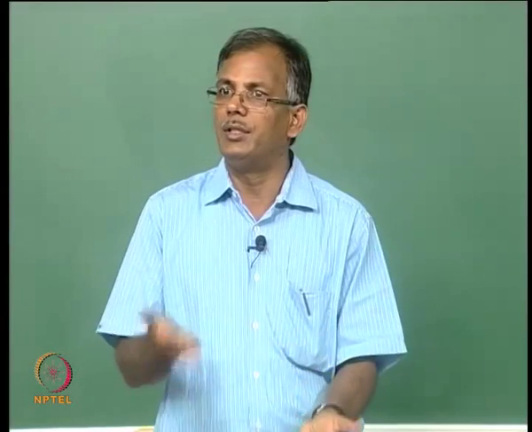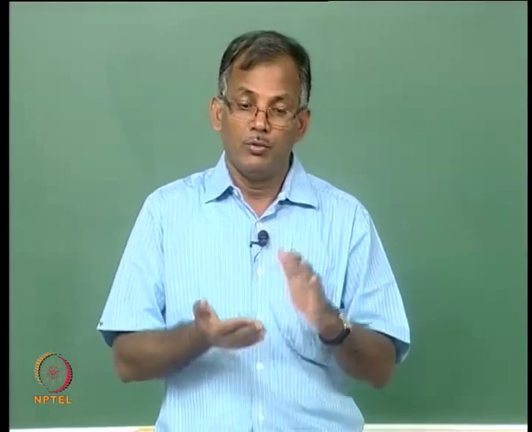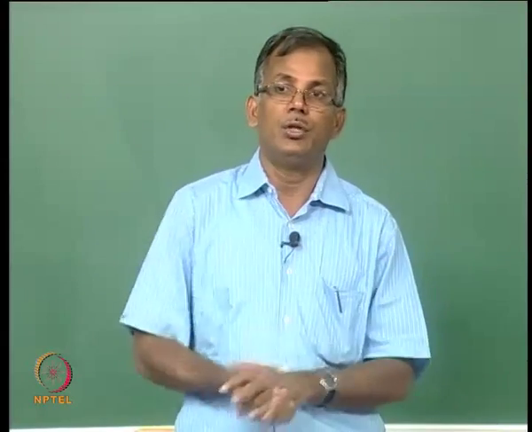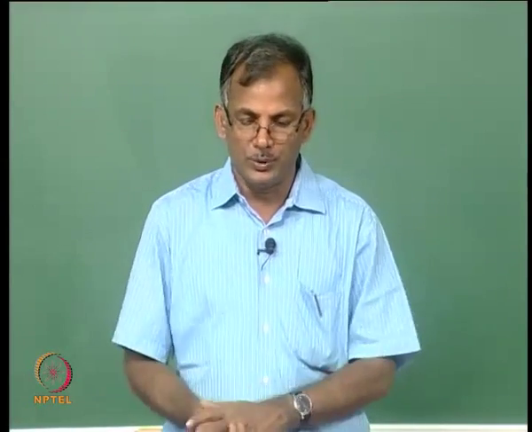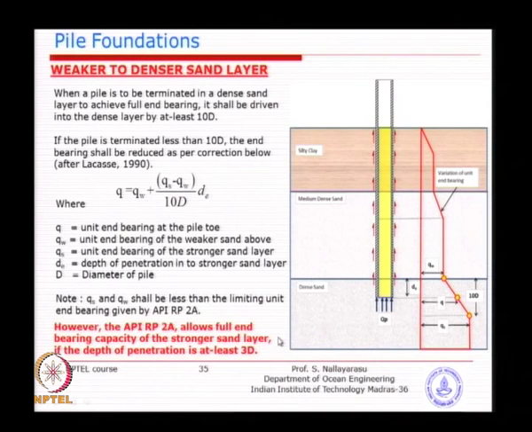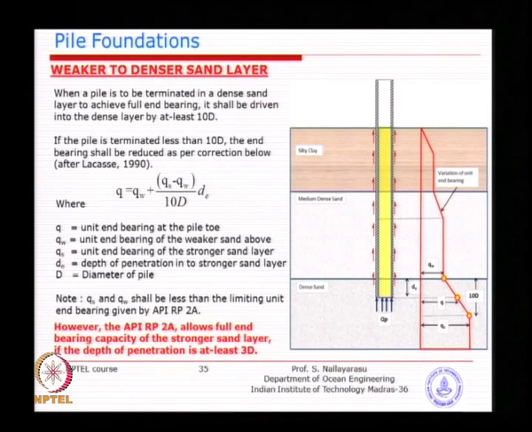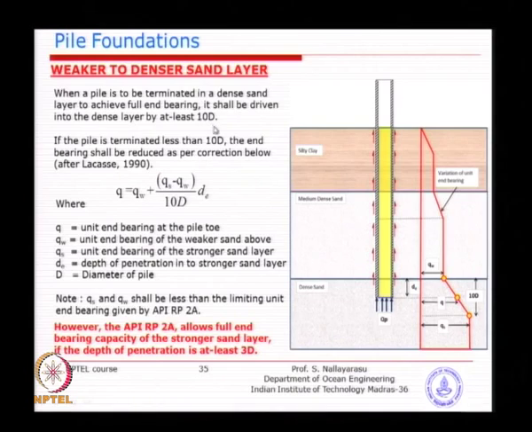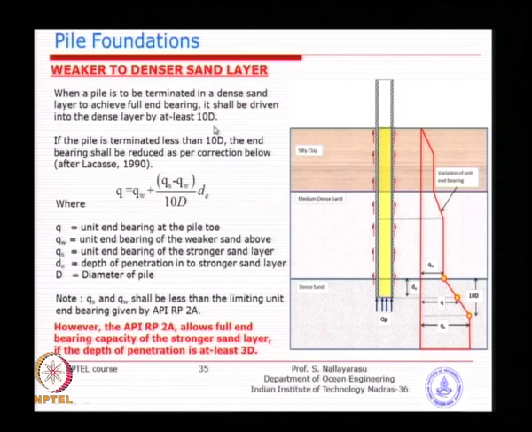One is the variation in the layer thicknesses from what you have learned from the geotechnical investigation to the actual situation, plus the distribution of the pressure, the bulb will actually have some effect on the previous layer. So, that is why this minimum 10 diameter, if you have penetration of the pile into the denser layer by 10 diameter, then you can consider that layer capacity as full.